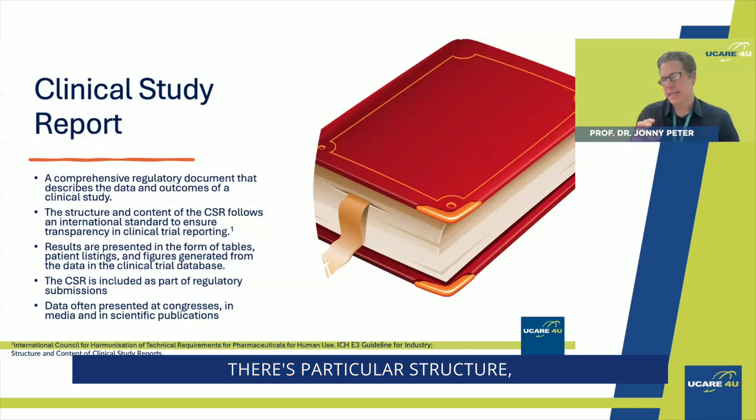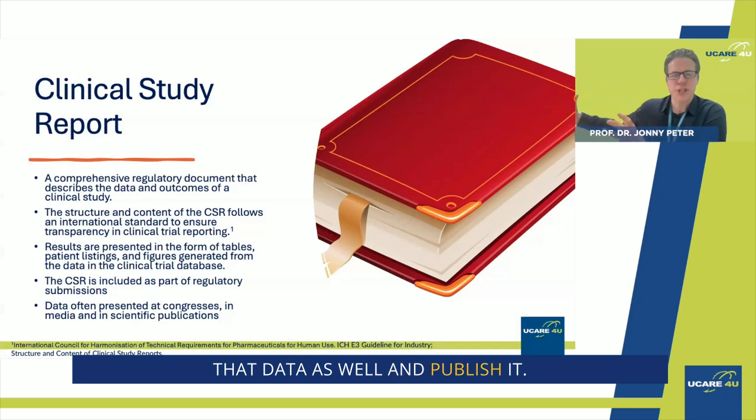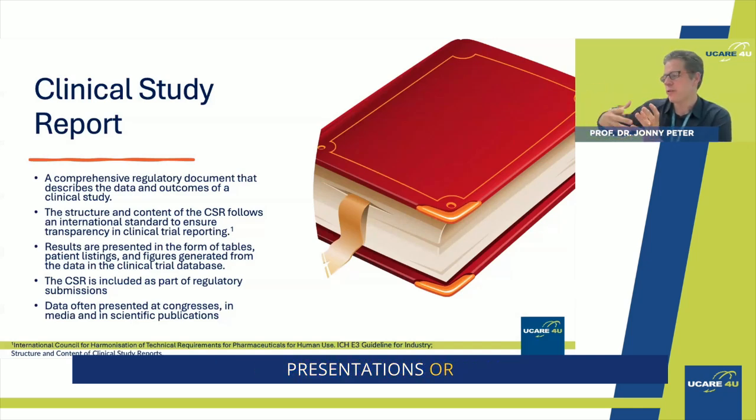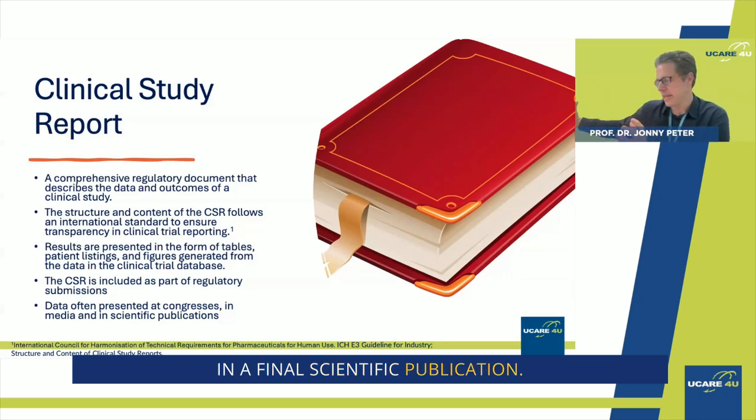There's particular structure and content at an international standards level that ensures that trials are reported in a transparent manner. In addition to that, what normally happens is that the investigators involved with the trial will take that data as well and publish it. And they will publish it in potentially Congress presentations or in a final scientific publication.